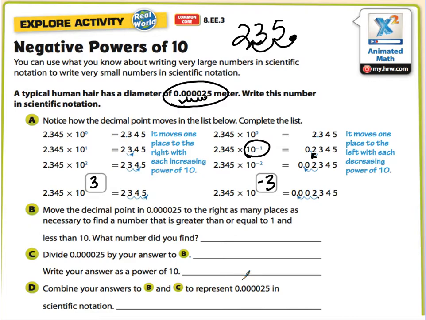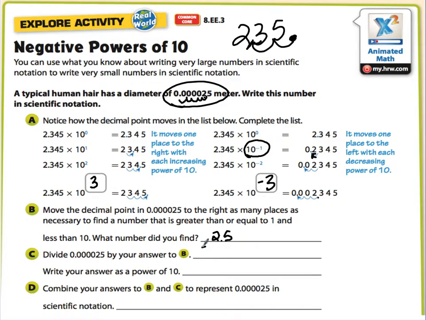All right, so for the first part, we want to move the decimal point to the right as many places as we need to get it between 1 and 10. Just looking at my numbers, I know that I'm going to get 2 and 5 tenths. Then we're going to divide 25 millionths by my answer.